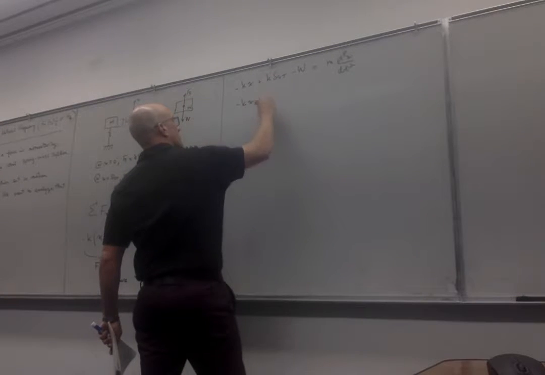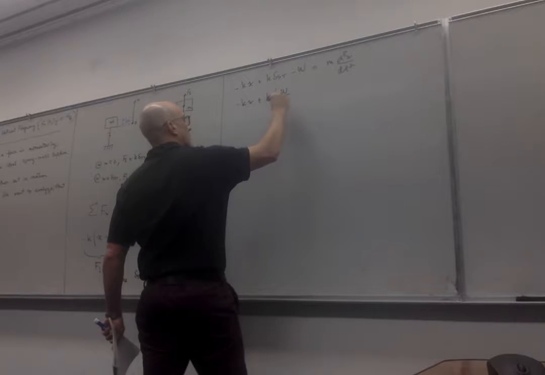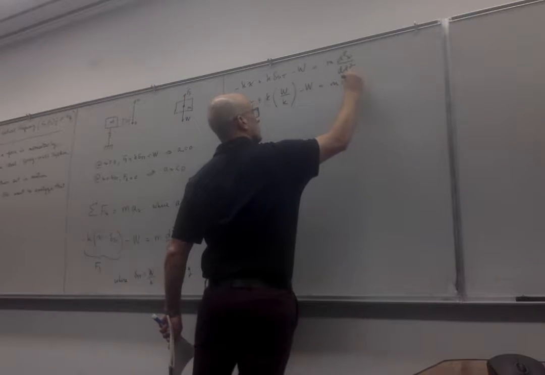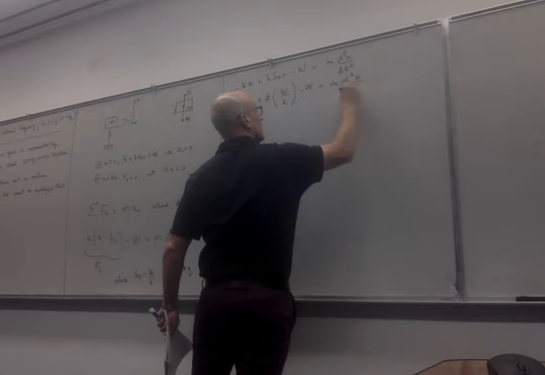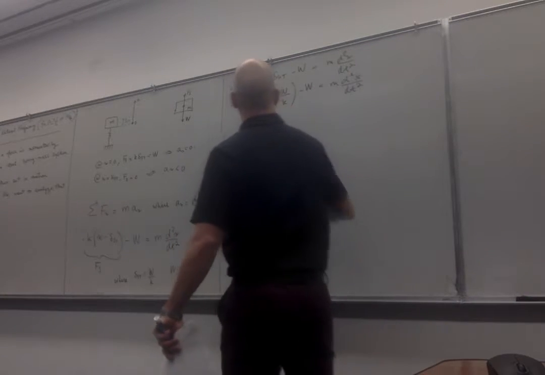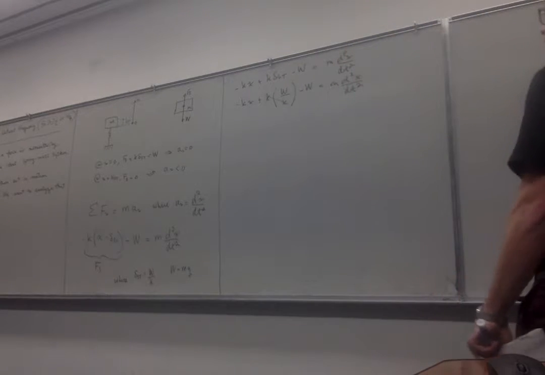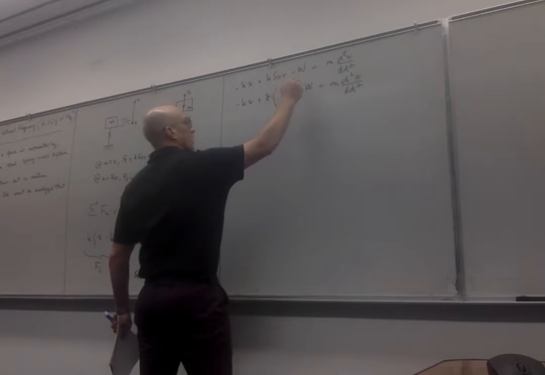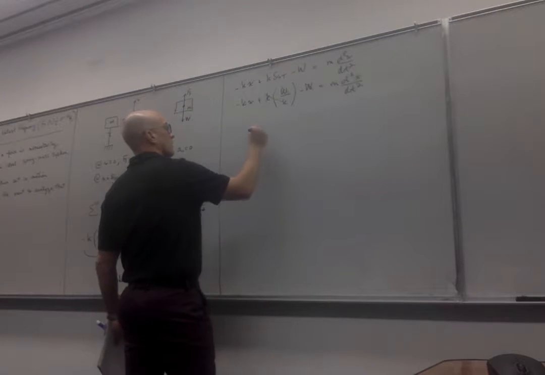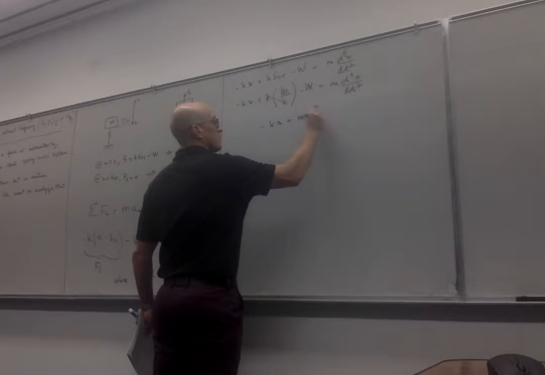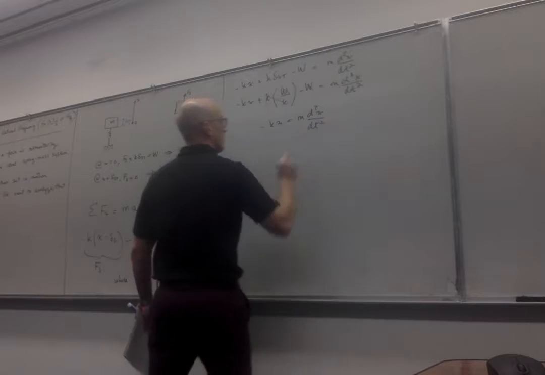Now, if we use the static deflection, the weight over k, things are going to start to simplify a little bit. You see those two k's simplify, and we have plus the weight minus the weight. So these also simplify, and we end up with minus kx equals m d squared x dt squared.